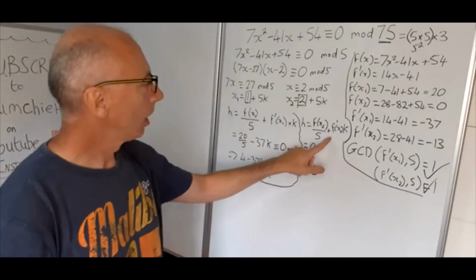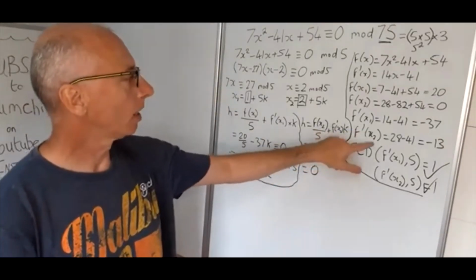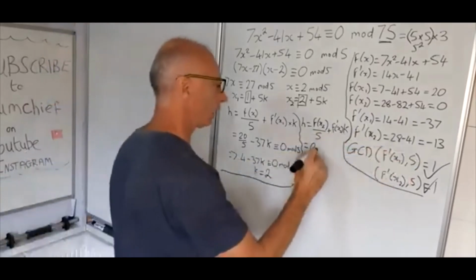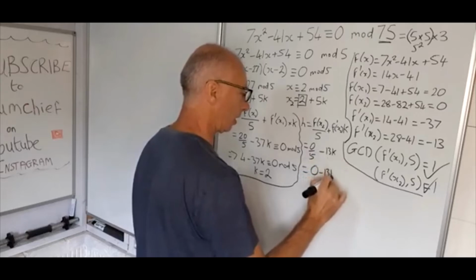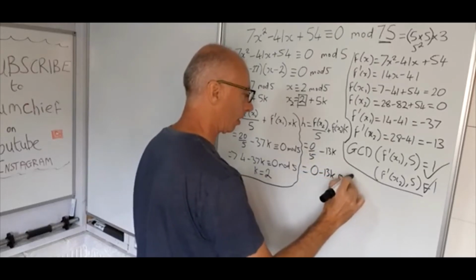And then f prime of x2 times k, that's minus 13, so minus 13k. So that's minus 13k here, and that's mod 5.